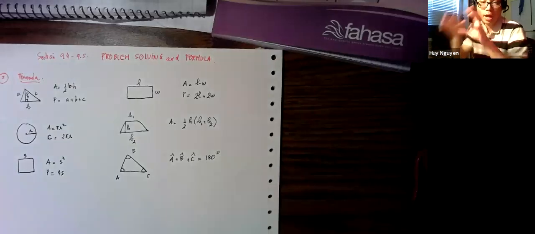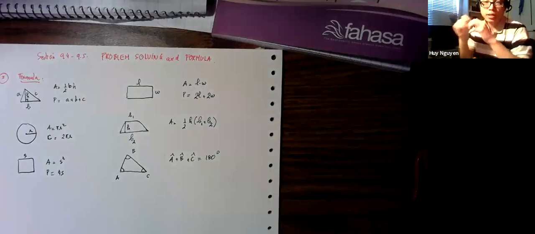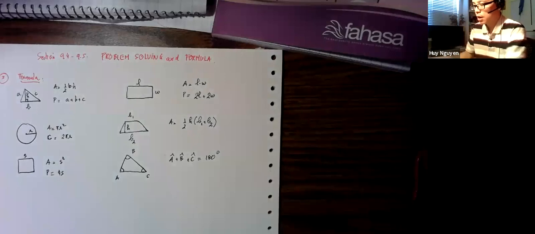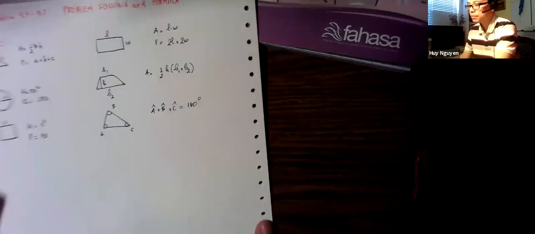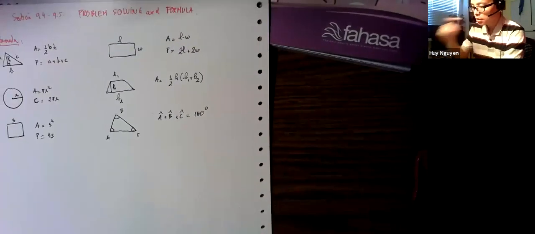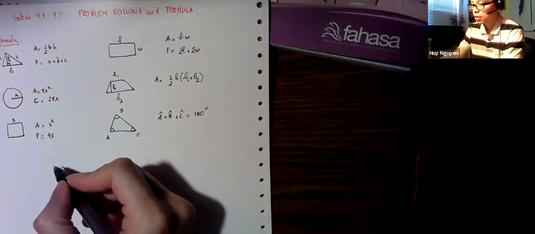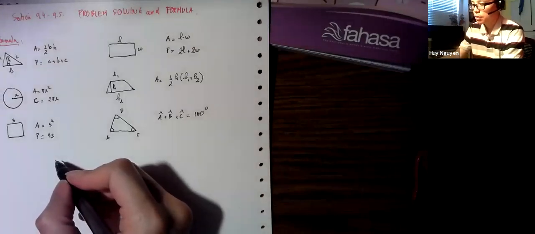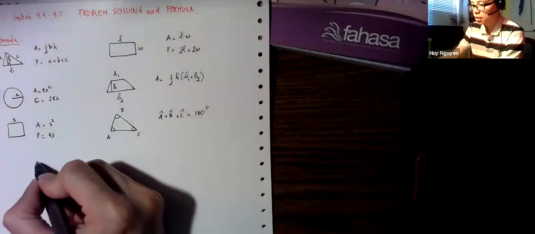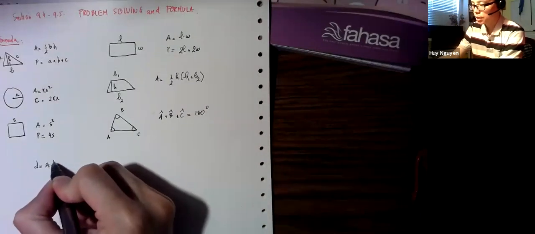So you add all the angles inside the triangle, and it always gives you 180 degrees. And the last formula is also very important when you are dealing with distance, rate, velocity, and time, which is d equals r times t.